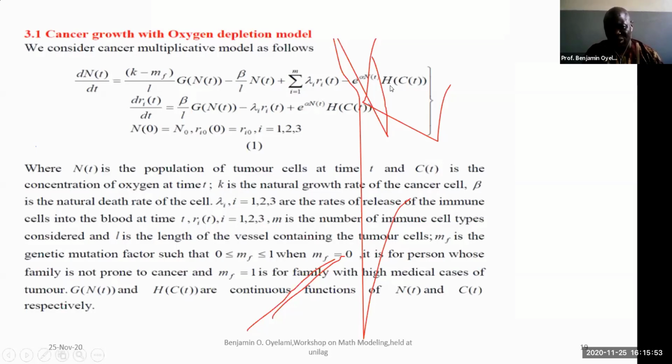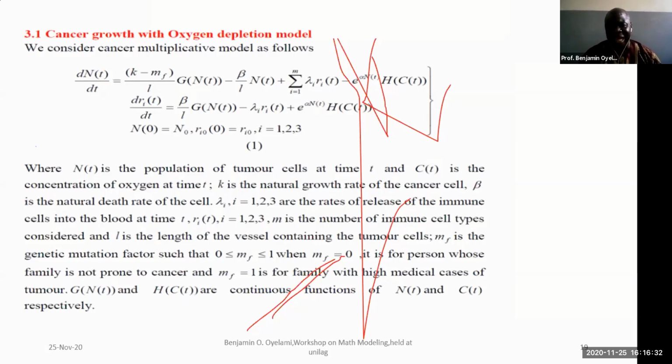And not that alone, it takes care of the metabolism that takes part in the cell. Metabolism is talking about the ability to build, which is called anabolism, and the ability to break down, which is catabolism. And for those things to happen, oxygen is very, very important within the cell. So in order to control the growth of the cells, there should be a way of controlling the effect of oxygen within the cell.